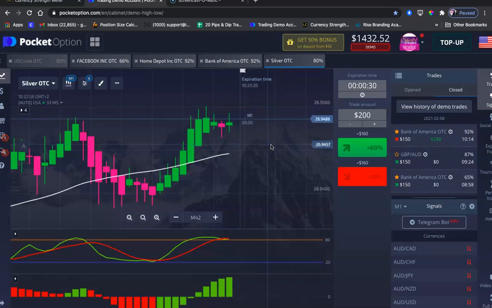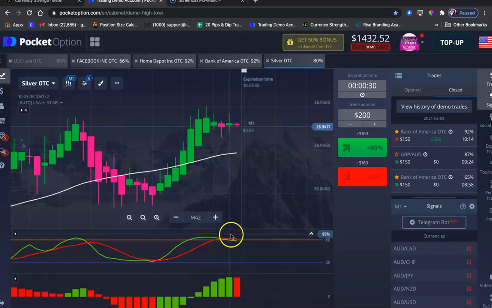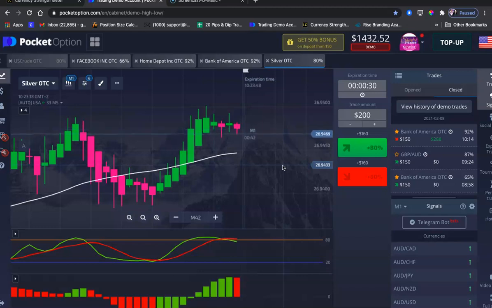And what is this? Silver. Oh yeah, the commodities. They can be a little volatile, so I tend to be a little more careful. My stochastic is in a sell mode right now, in an overbought situation. So I'm guessing this is going to probably drop in the next candle or two.